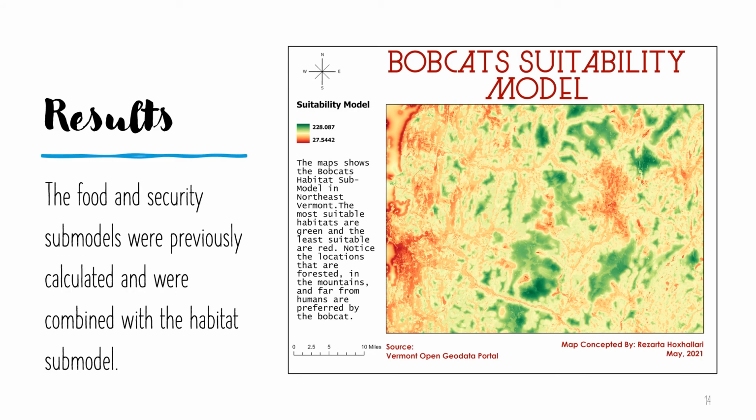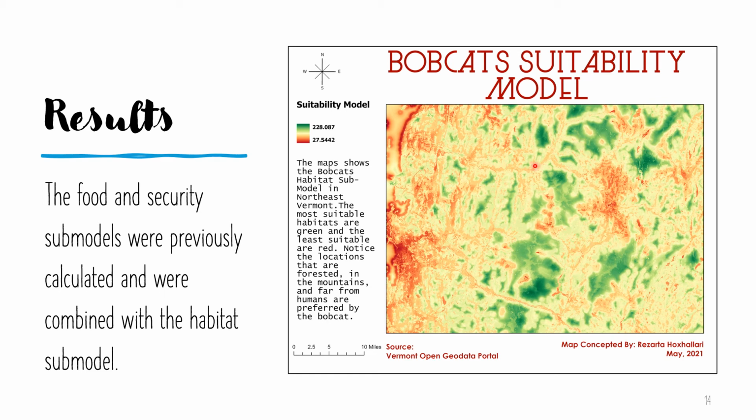Also, food and security are the most important to the bobcat in this study area, so those have received the highest weight. The food and security submodels were previously calculated and were combined with the habitat submodel.